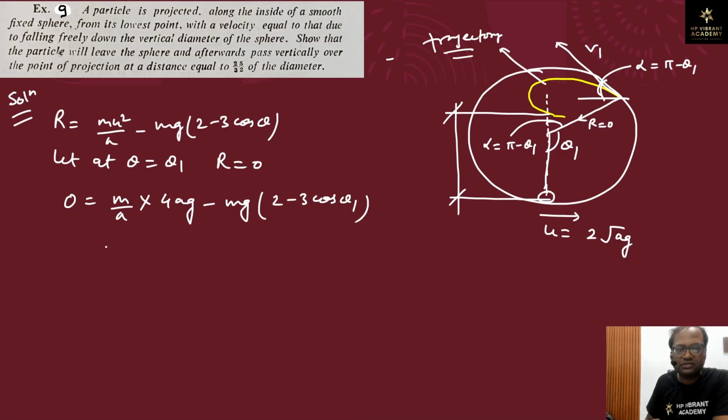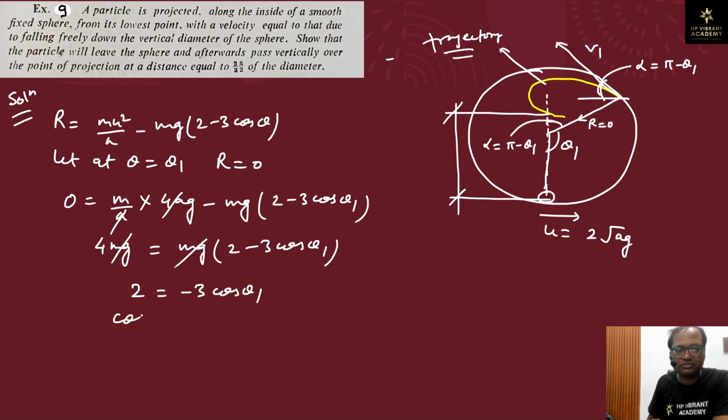So 4 mg is equal to mg (2 minus 3 cos theta). This gets cancelled, so we have 2 is equal to minus 3 cos theta 1. So cos theta 1 is equal to minus 2 upon 3.